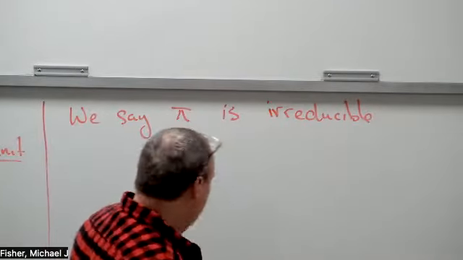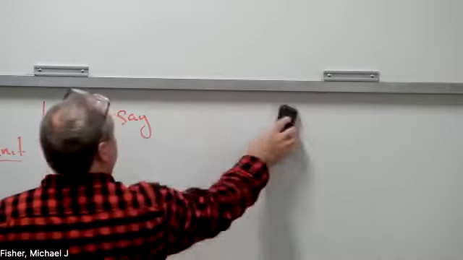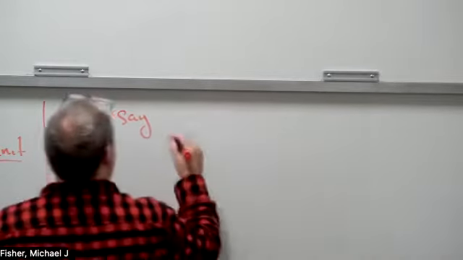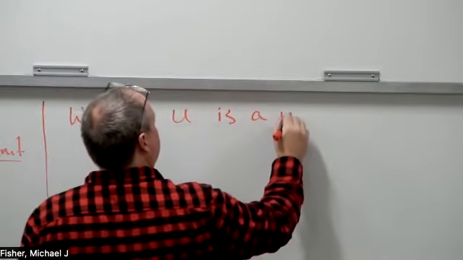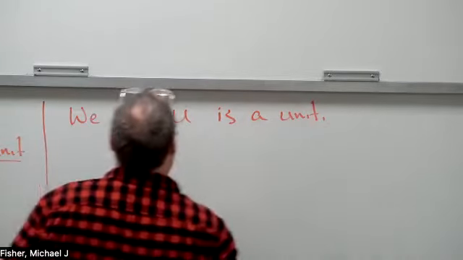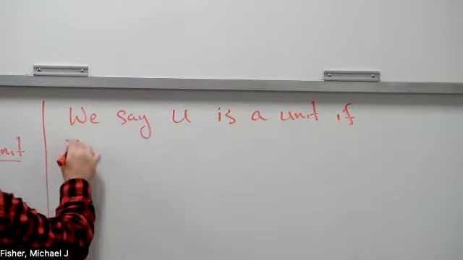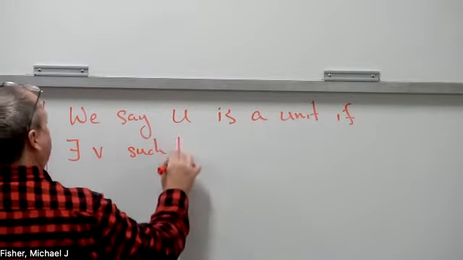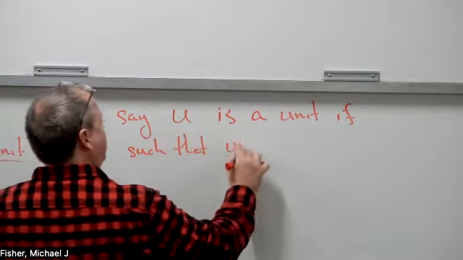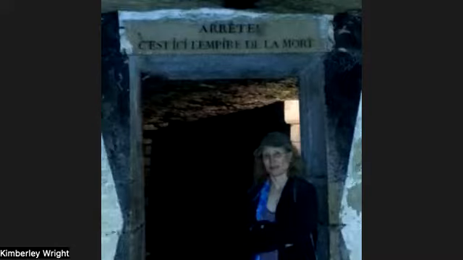Well, actually, what I need to do first, let me get this straight. I was going to say unit before I said unit. We say U is a unit if there exists V such that UV is the identity.